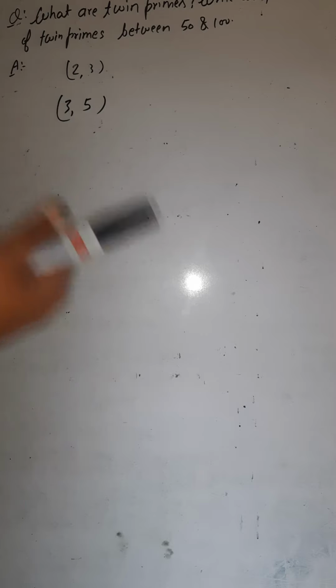Now you see a difference here. Two numbers are said to be twin primes if there is only one composite number between them, not more than one.